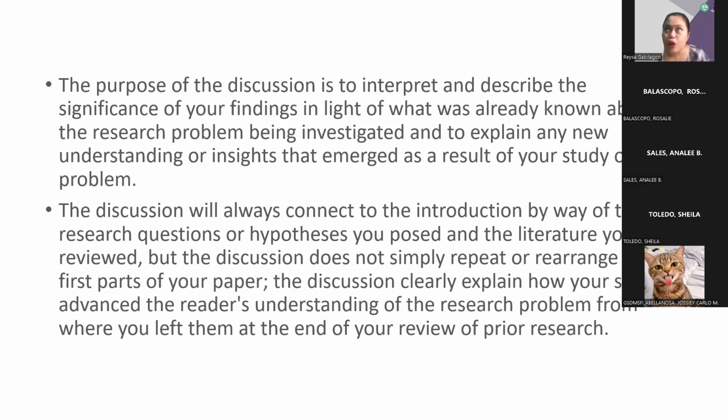Okay, now you also have to include studies and clearly state in the discussion whether your study has the same result with that of the other authors, or kung magkaiba kayo ng result. Okay, that is the reason why nakasulat dyan sa screen, the discussion section is always connected with your introduction. Remember, the SOP, the hypothesis, and the RRL are all parts of the introduction section.